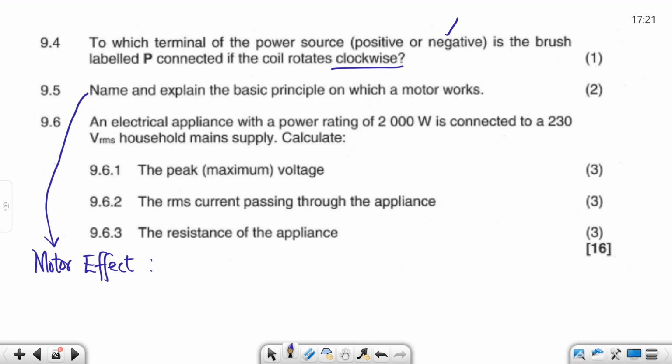When you pass current through a coil or any metal, it becomes a magnet. See, if I have a metal and I connect it to current, it automatically becomes a magnet.